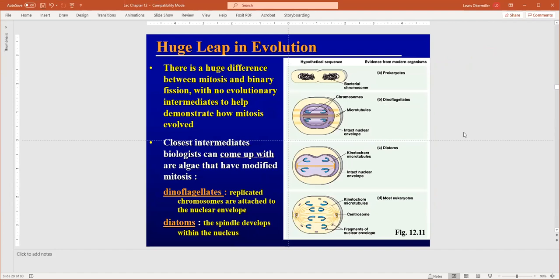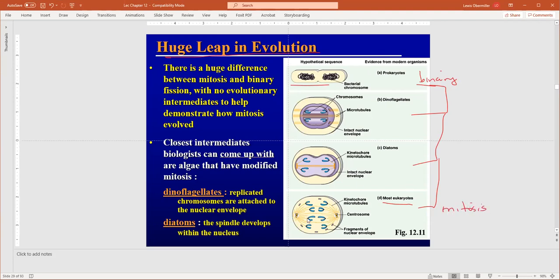Okay, so if we look at this, then this will be the last slide we talk about today. So there's a big giant leap in evolution here. There are only 4 different ways to do cell division. We have the bacteria, which do their binary fission. We have most other eukaryotes that we talked about that do regular mitosis, right?